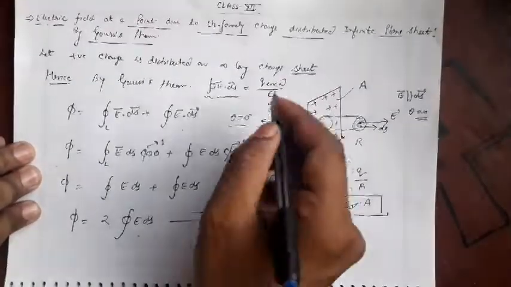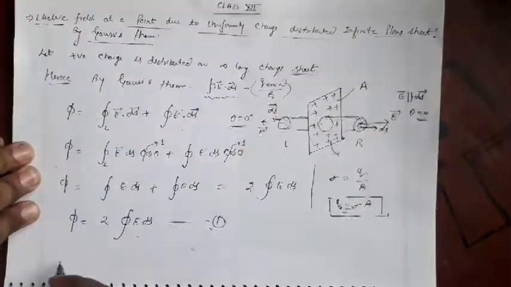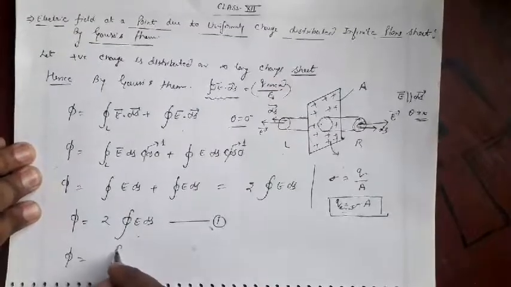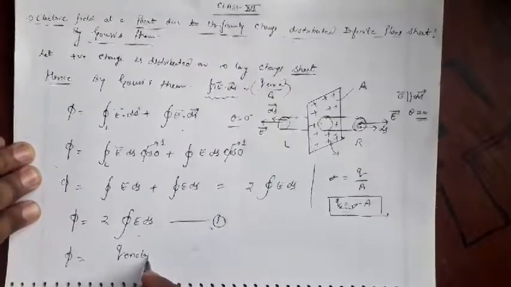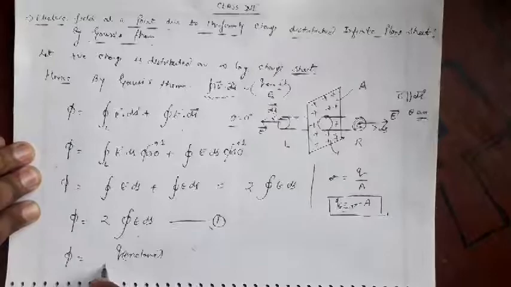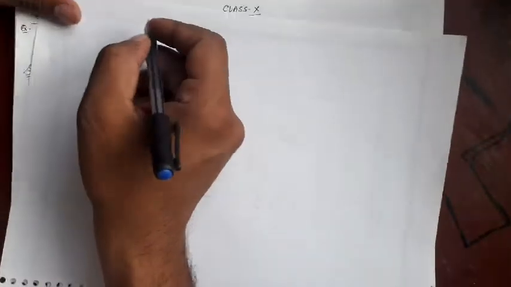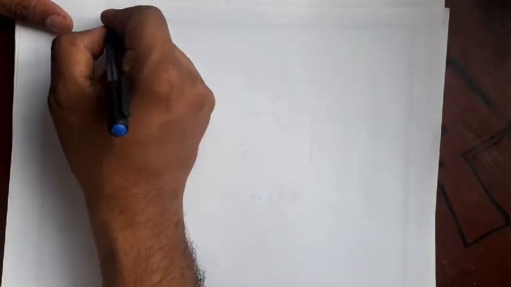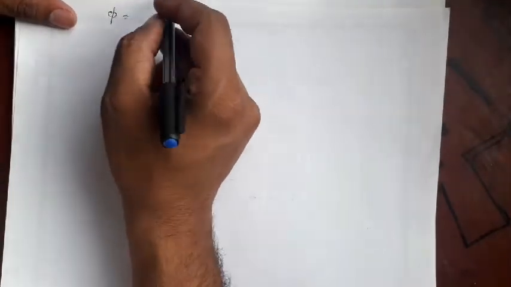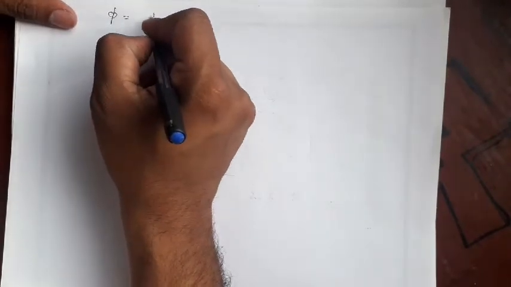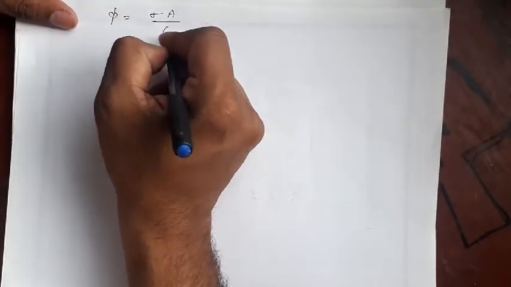Now for right form, flux will be q enclosed upon epsilon naught. There will be q enclosed, flux phi equal to q enclosed is sigma A upon epsilon naught.